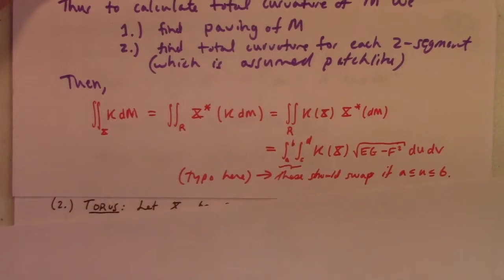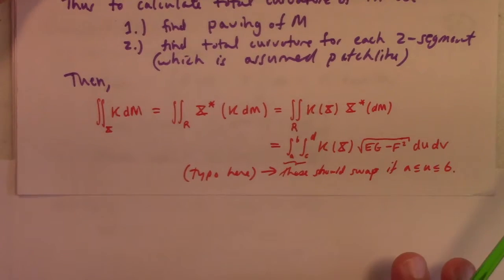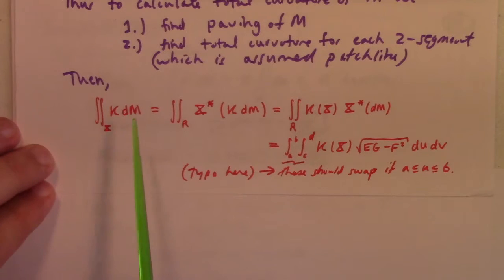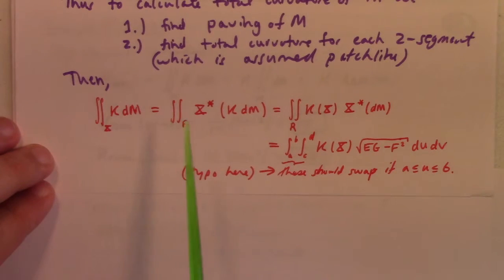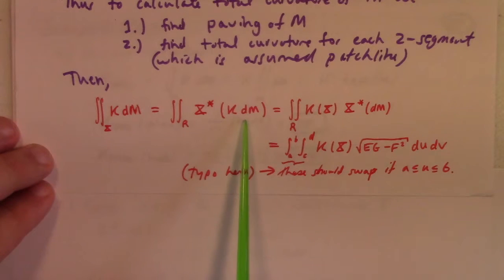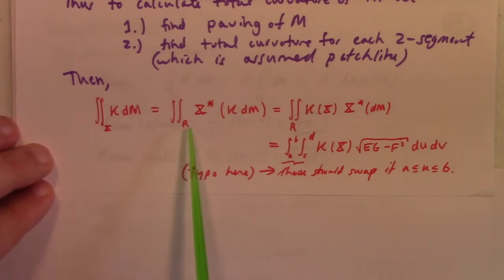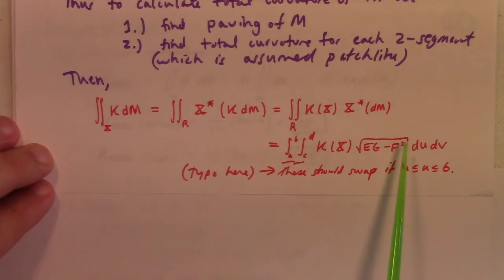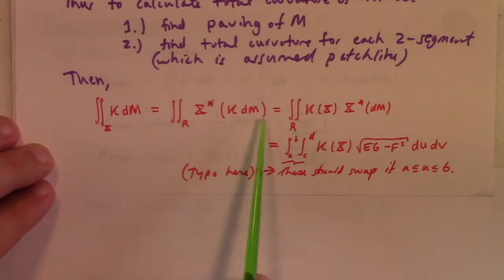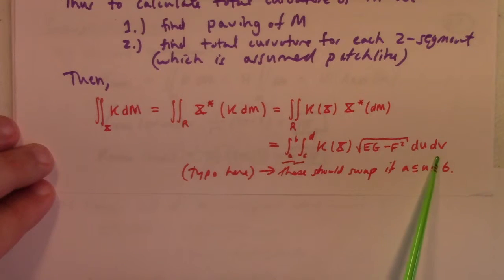So here is the details of that in terms of the E, F, and G stuff. Integral of K dm would be the integral over the pullback, actually. So if you look at the formula we had, that's actually the formula for the pullback. I mean, if you understand this, great. If you don't, here's the formula.